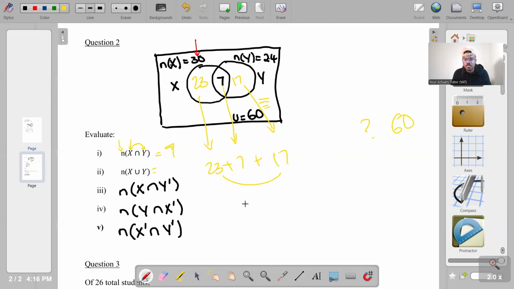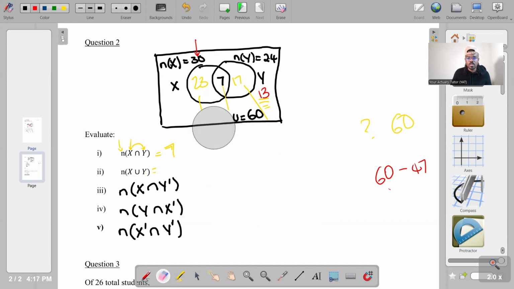So this and this gives me 40. 40 plus 7 gives me 47. I have not reached 60 yet. So that must mean that there's some people outside of the X and Y. So then how many people are out there? Take the bigger number, 60, subtract this, how much you've gone so far? 47. That gives me 13 people are out here.